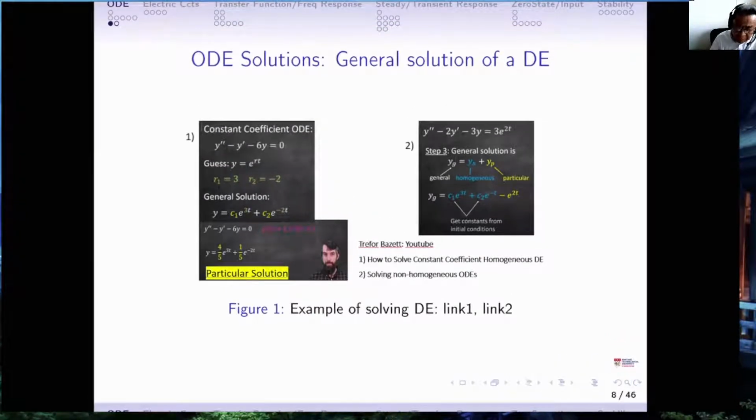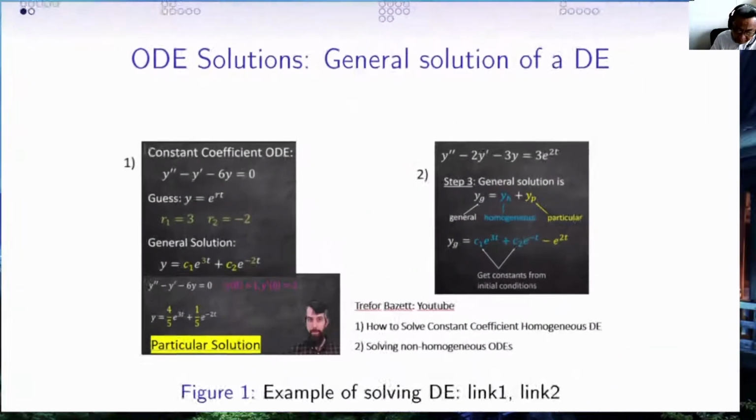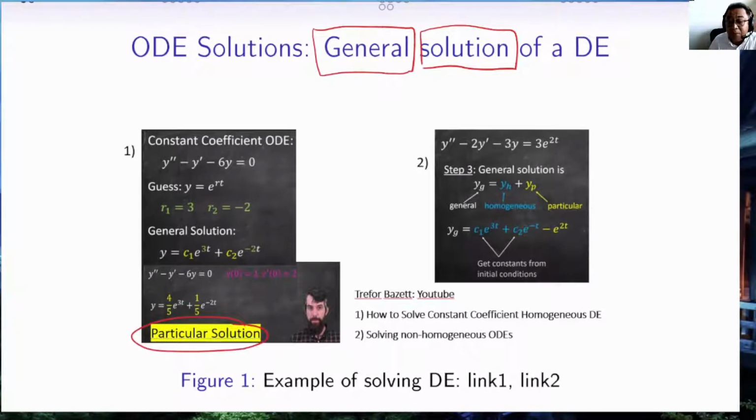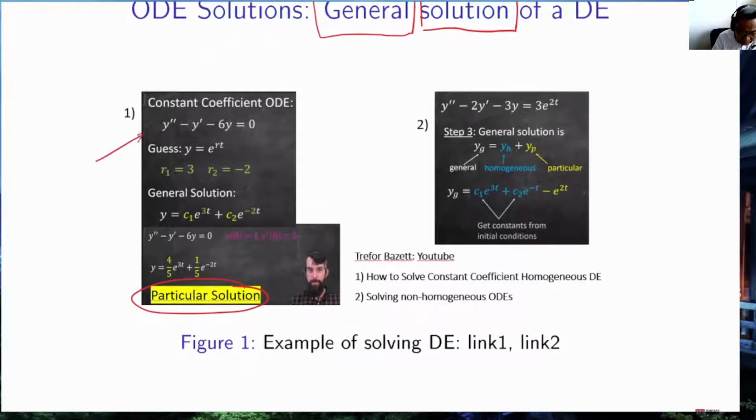Alright, let's talk about other terminology that is of use to us. We talk about solution, and then there's a word called general solution versus later on something called a particular solution. Let's see what a general and particular solution is. We are given some constant coefficients ODE. Here the word constant means the expressions in front of these differentiation expressions are all constant. In this case it is 1, here it's 1, here it's 6.